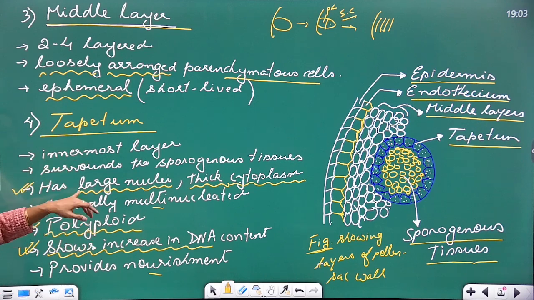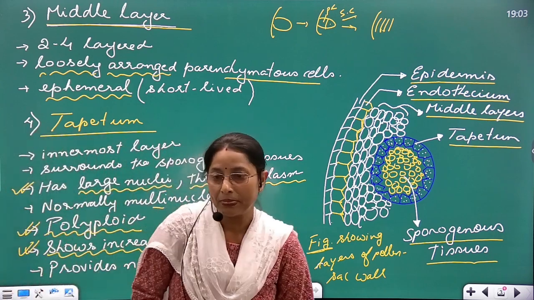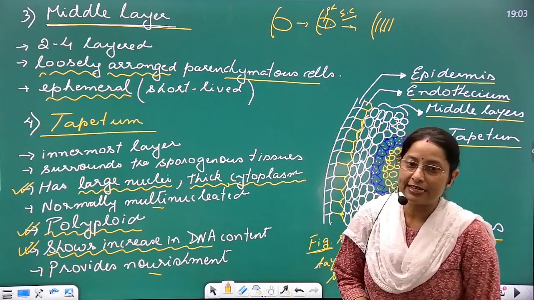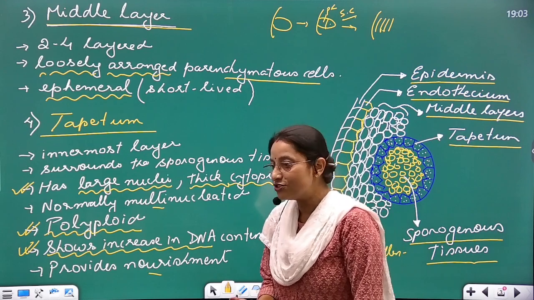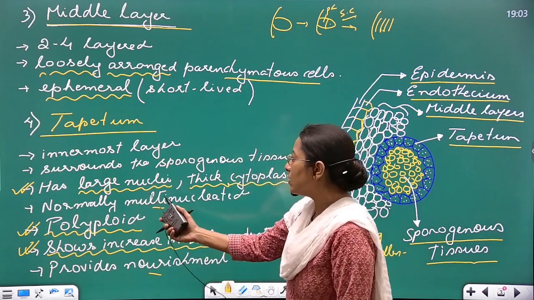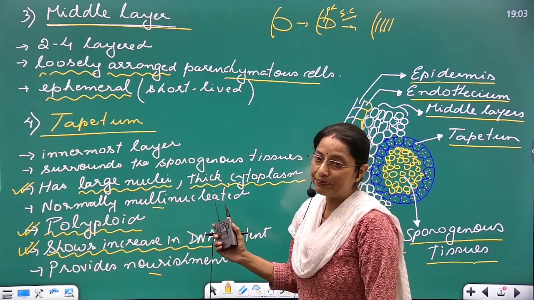From these points, whenever we talk about a cell having a large nucleus and thick cytoplasm, it is a characteristic of which cell? When we talk about cells or tissues, there are two types, meristematic or permanent. Large nucleus and thick cytoplasm is a characteristic of meristematic tissue. In plant anatomy, you have talked about certain characteristics of permanent tissues and meristematic tissues, right? Why a large nucleus and thick cytoplasm?